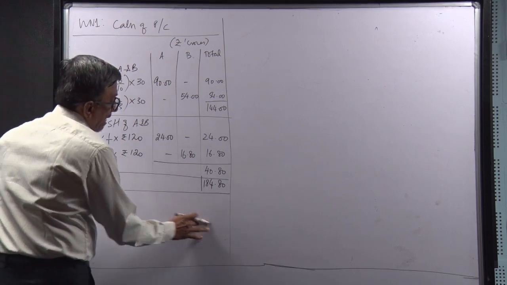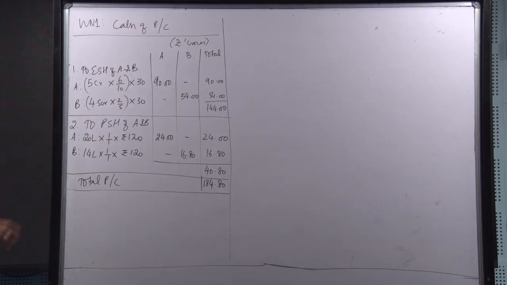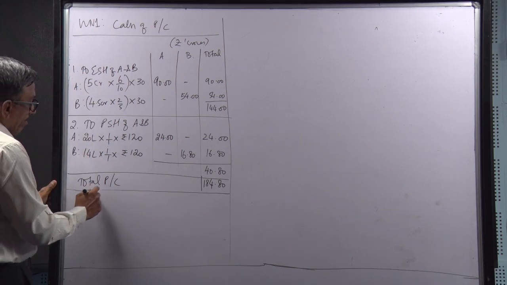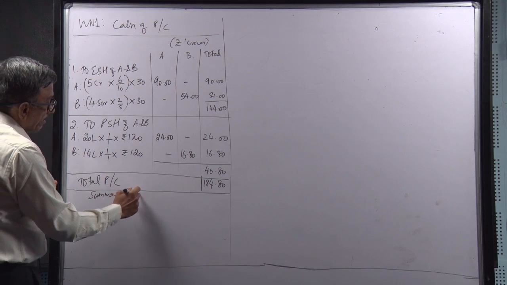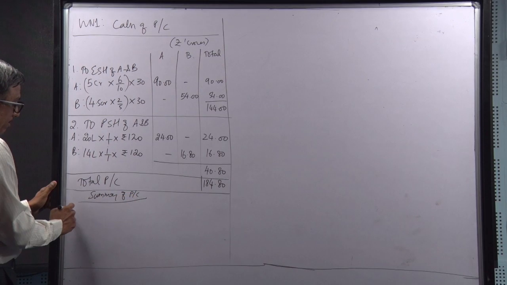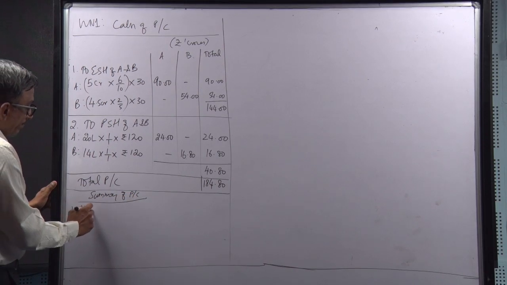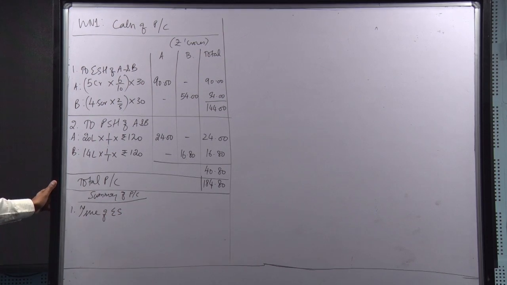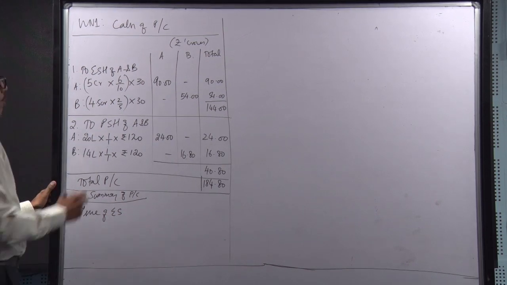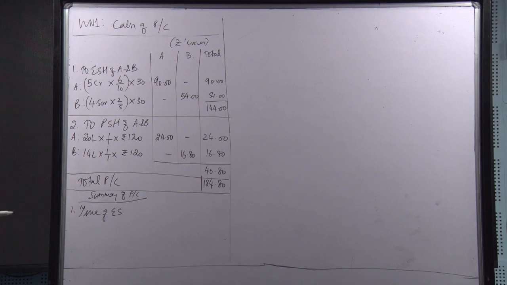Now let us also calculate what is the equity share capital, what is the premium, what is the preference share capital and premium. It will be useful for us when you prepare the balance sheet. So you write a summary of purchase consideration. Number 1, issue of equity shares. How many equity shares are issued in total?